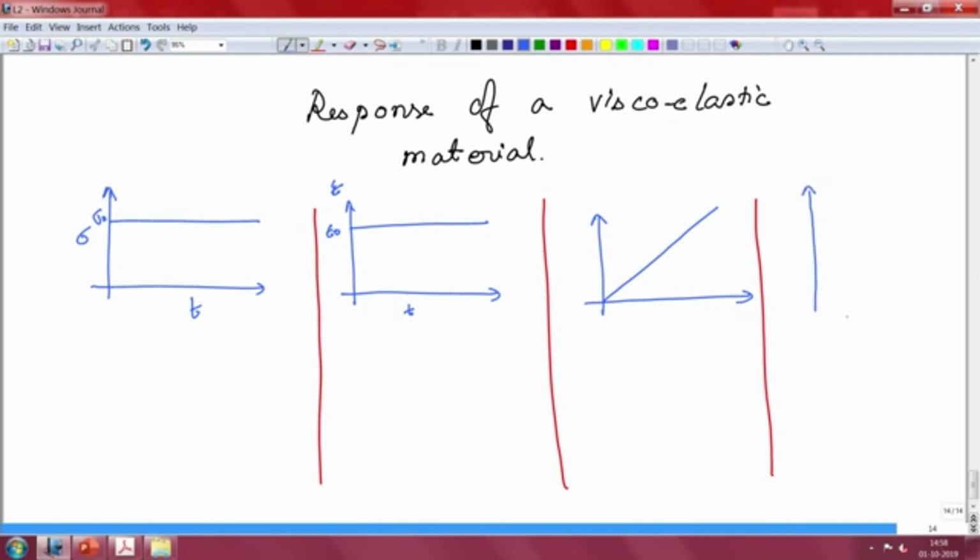So, how will your viscoelastic response look? Okay. I am just going to write down what I have done here, just a second. So, this is your experimental, rather the stress control test.